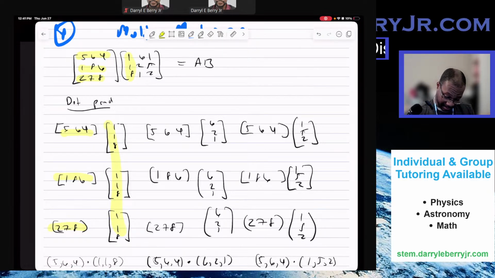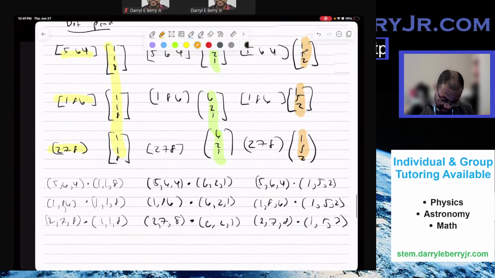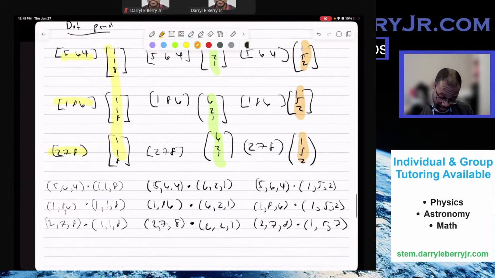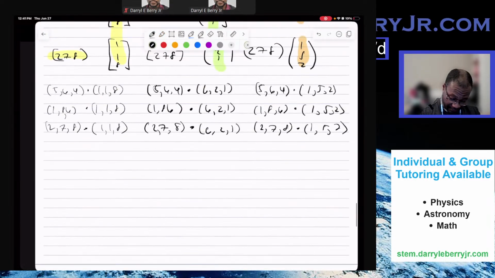And then we do the same thing with this column, dot product the whole row down, and then this one, dot product everything down, right? So then put that into the normal dot product form I'm used to seeing. That looks right.